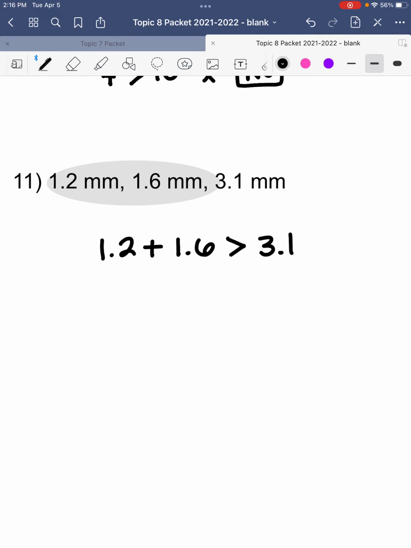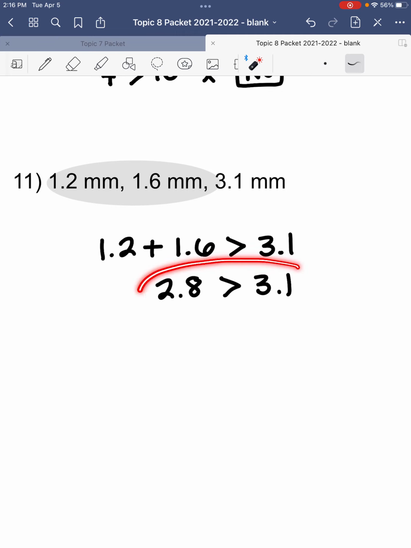Well, what is 1.2 plus 1.6? It's 2.8. So 2.8 is greater than 3.1. Let's read that one more time. 2.8 is greater than 3.1. Well, that's not true. So because that's not true, these cannot form a triangle.